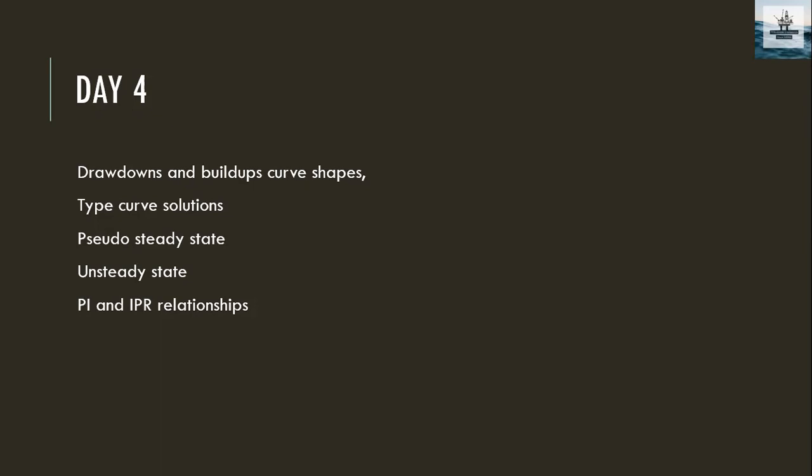You can estimate by seeing the curves constructed from drawdown. There is an ideal graph for drawdown and buildup that we are going to discuss. If there are any variations, what could be the cause of those variations will be observed from the drawdown and buildup curves. Type curve analysis is an ideal graph, and we are going to use this graph to estimate permeability and storativity.